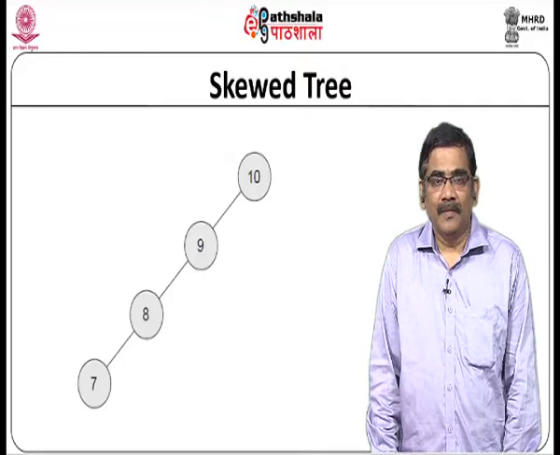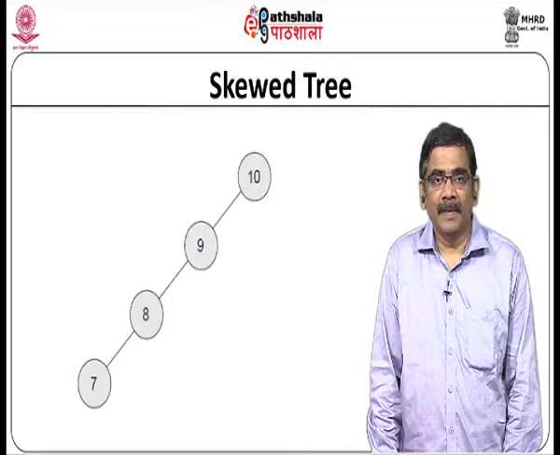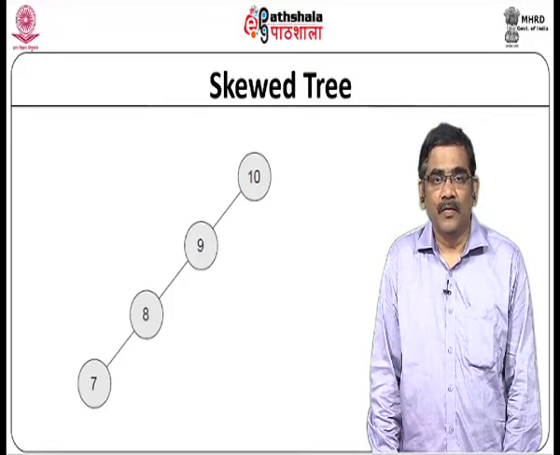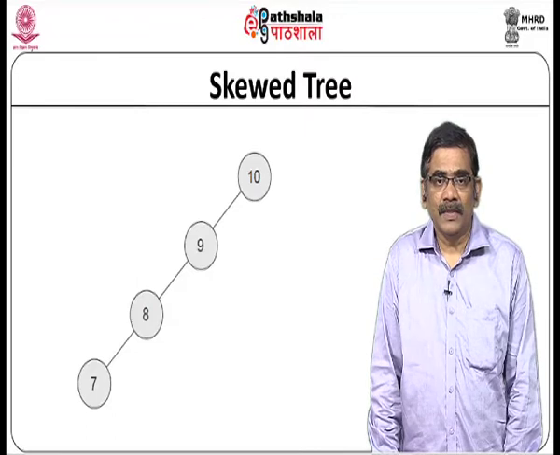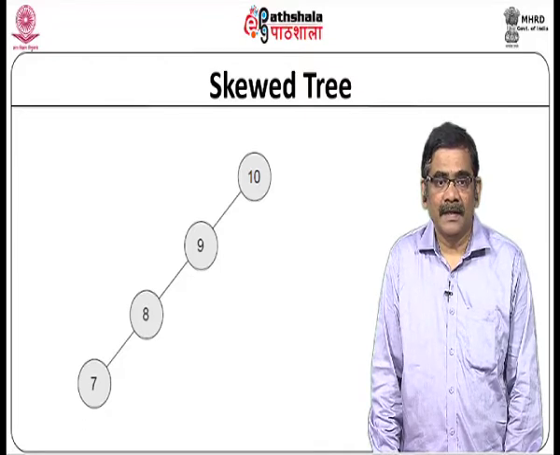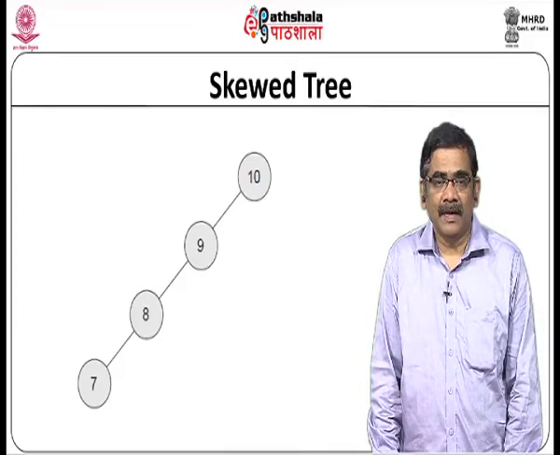More often when we try to develop a binary tree, we may end up with a binary tree something like this. For example, what I am trying to do as part of this is that I have taken 4 keys 10, 9, 8 and 7, and I am trying to construct a binary tree.